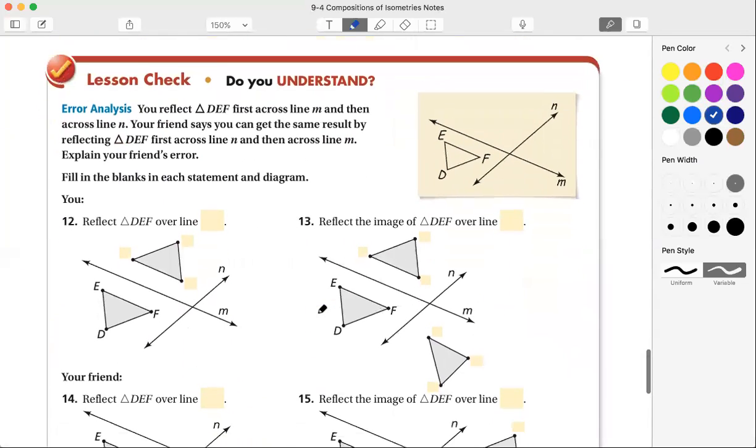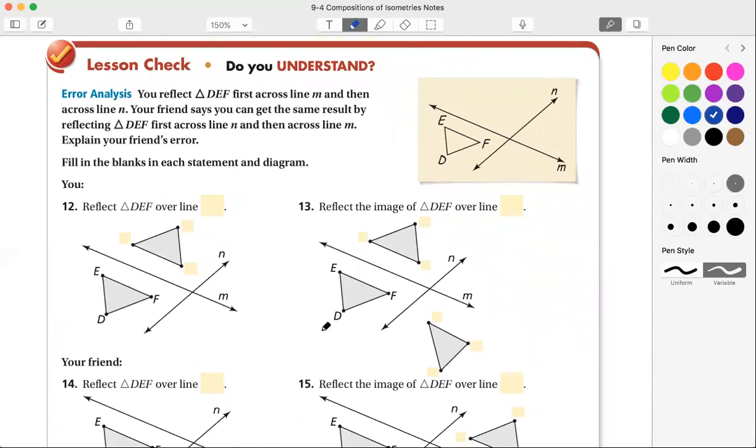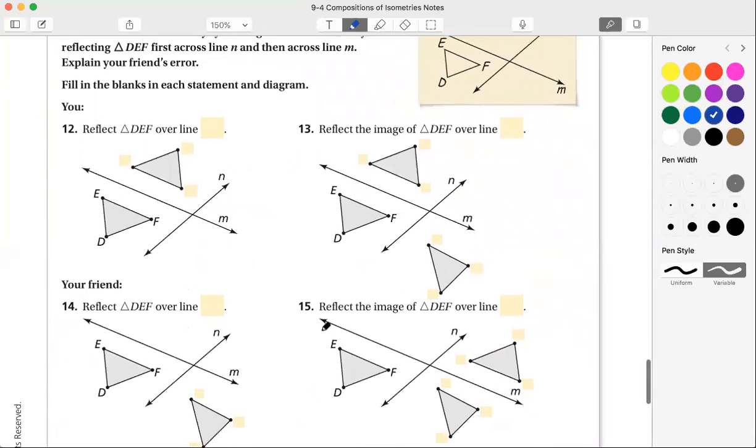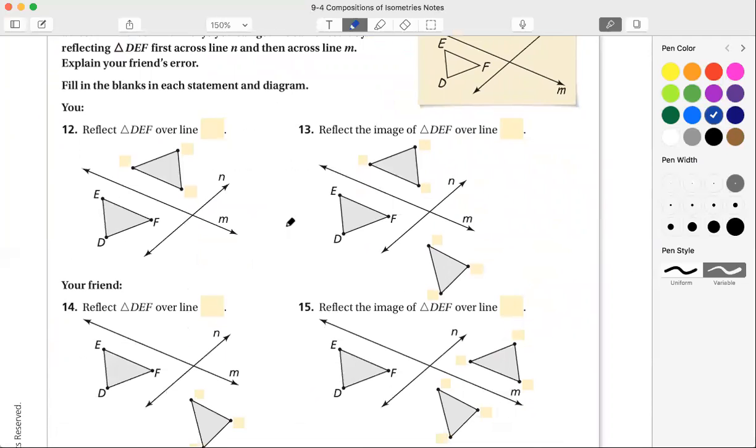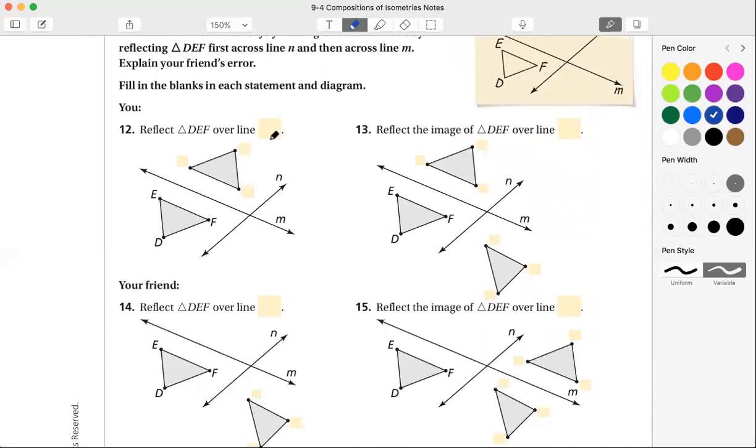If I reflected triangle DEF first across line M and then across line N, your friend says you get the same result by reflecting DEF first across line N and then line M. What's your error? First, let's reflect triangle DEF over line M. Then I get E prime, D prime, and F prime.